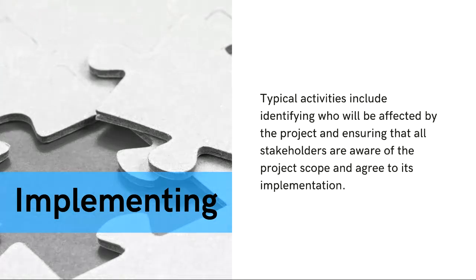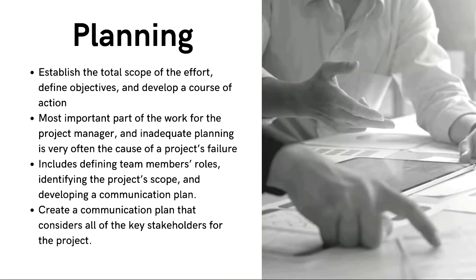Okay, let's move on to planning. Once we have established the parameters of the project and what is going to be included, we start going into the planning process. The planning process group is going to establish the total scope of the effort.